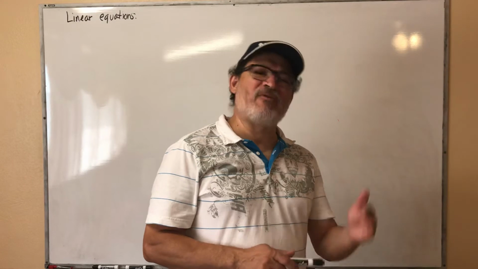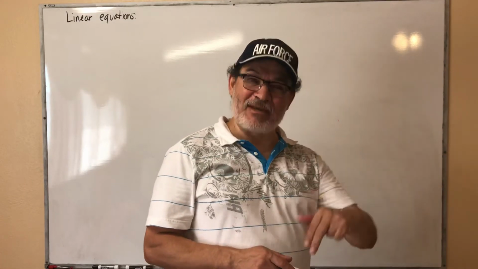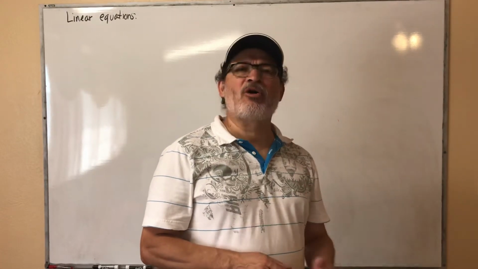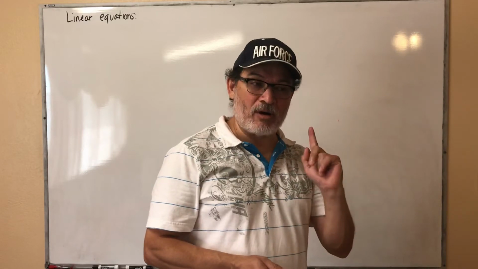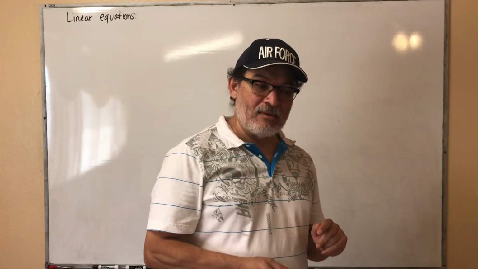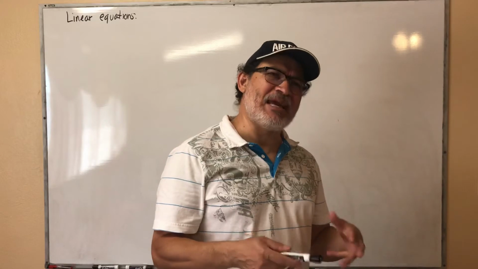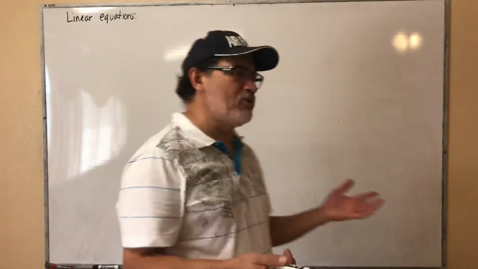Or if one of the variables is in the denominator, it's no longer a linear equation. Both variables to the first power, and both variables must be in the numerator.